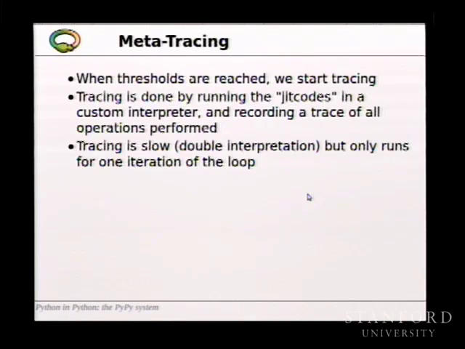In this way, you build a trace that is really a low-level trace that will contain all details of how you must interpret your program P. Of course it's slow because it's double interpretation, but it's not that much of an issue because it only runs for one iteration of the P program. So maybe 10 or 100 iterations of the interpreter interpreting one loop in the P program.